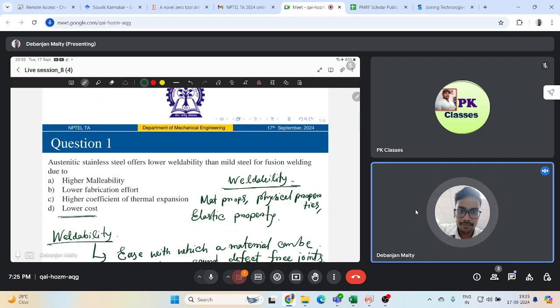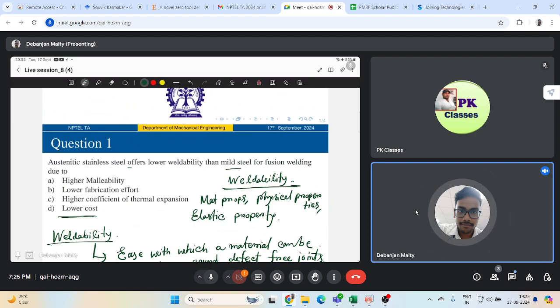Austenitic stainless steel offers lower weldability than mild steel for fusion welding due to what? In terms of malleability, there is no difference between stainless steel and mild steel. They have some difference in thermal conductivity, and because of that, they also have some difference in thermal expansion coefficient.